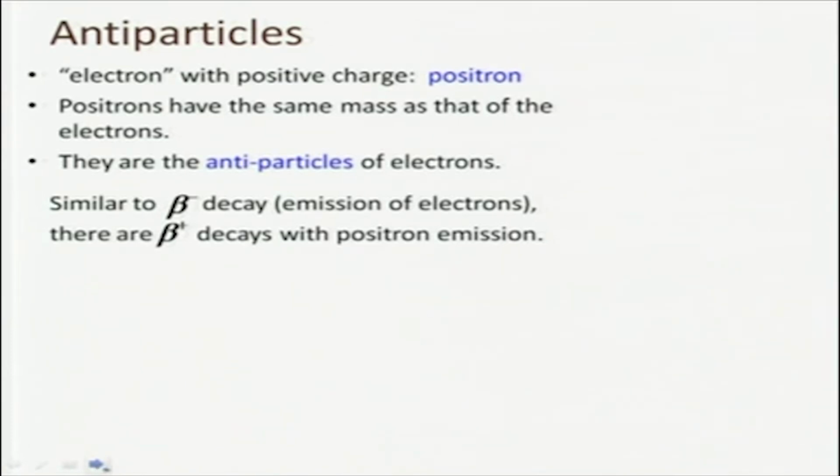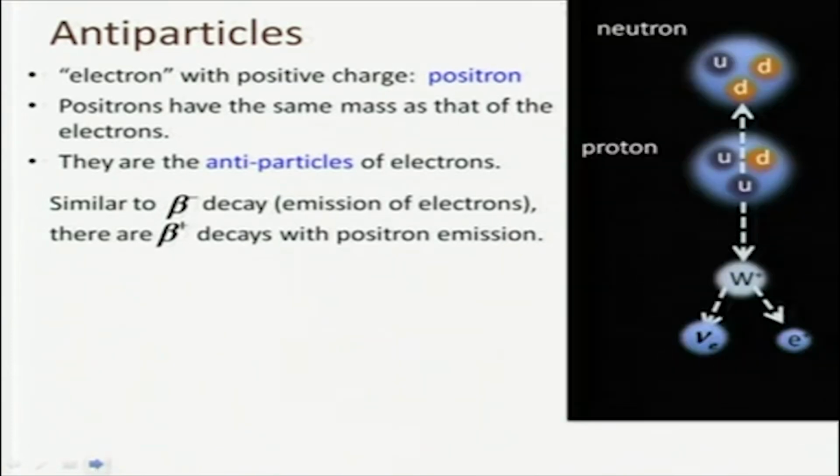Similar to this, there is what is called the beta plus decay, in which you start with a proton and a proton is converted into a neutron and a W plus. Look at the charge again.